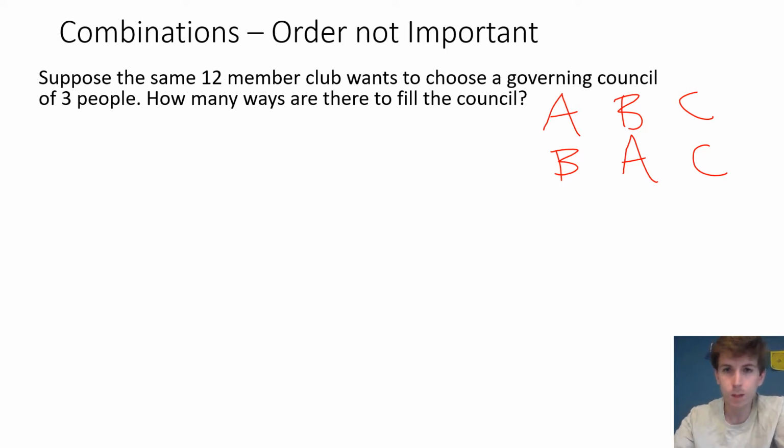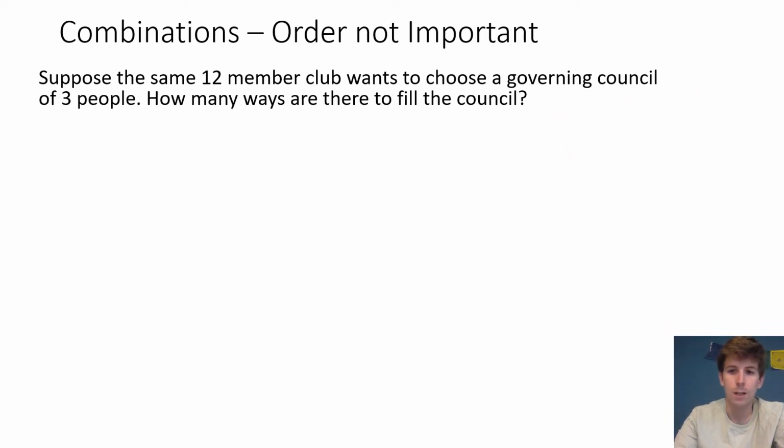Here, if this is just a 3-person governing council, these 2 situations, ABC being on the governing council and BAC, are counted as the exact same. So we have to think of a way to change our work from the first problem to get it the same way here.